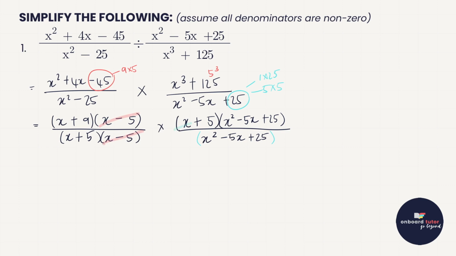Then this x plus 5 can cancel with x plus 5. And this trinomial here, which I couldn't factorize, can cancel with that trinomial there. So we are left now within our numerator an x plus 9. And in our denominator, seeing as though everything's cancelled, it's technically just a denominator of 1. And we don't really need to write over 1. So that is our final answer.